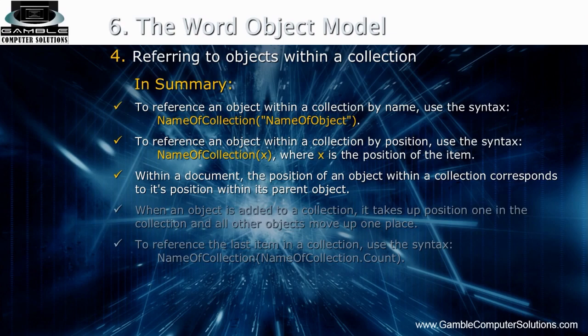Within a document, the position of an object within a collection corresponds to its position within its parent object. When an object is added to a collection, it takes up position 1 in the collection, and all other objects move up one place.